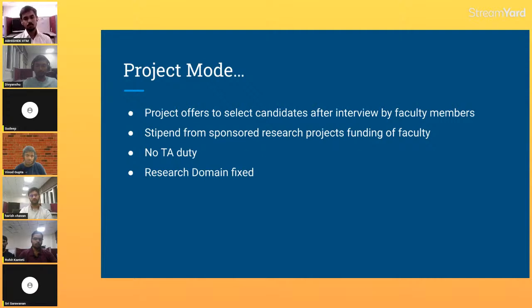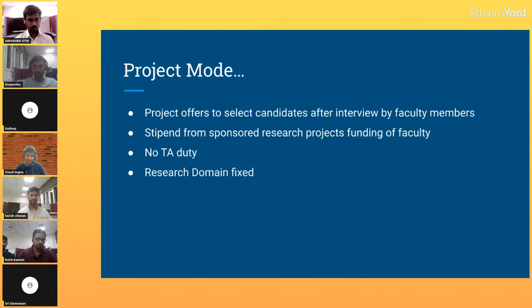Not everyone who has given the interview will get an offer from the project mode. The faculty will choose whom to give the offer. You will get the offer once the interviews are done. And in project mode, you don't have to do the TA duty. And if you choose the project mode, your guide and the research domain will be fixed from the start. Over to you.